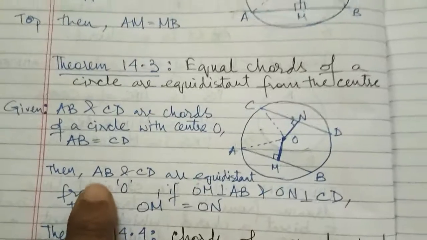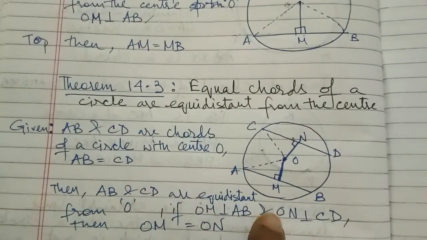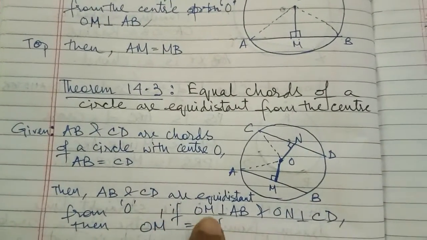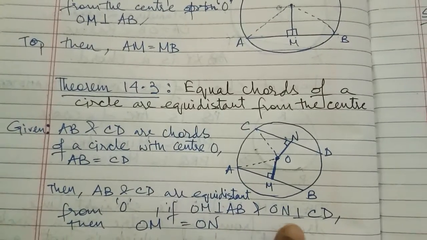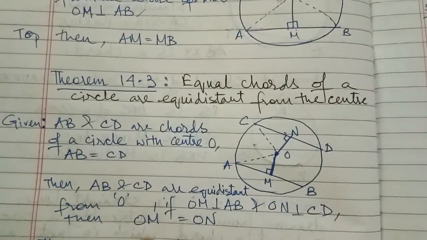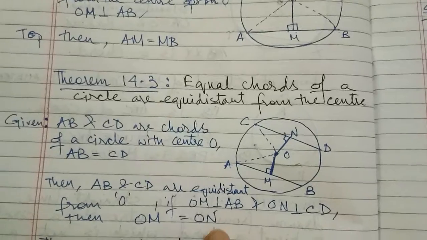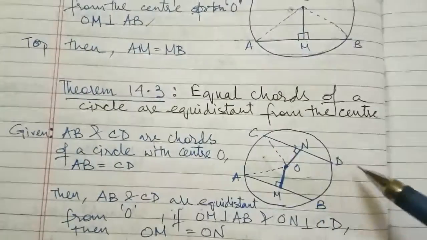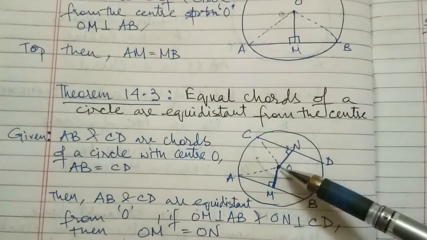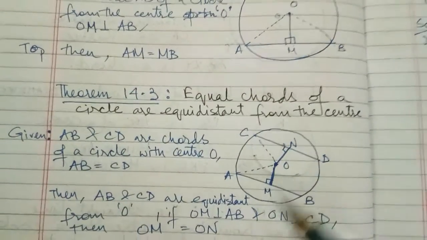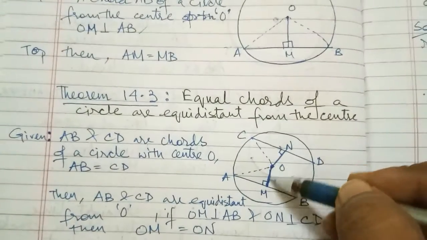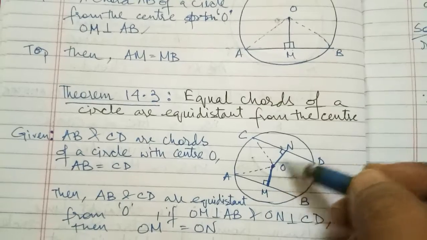Now AB and CD are equidistant from O. If OM is perpendicular to AB and ON is perpendicular to CD, then OM equals ON. That means if the chords are equal, then definitely we will say that OM equals ON.